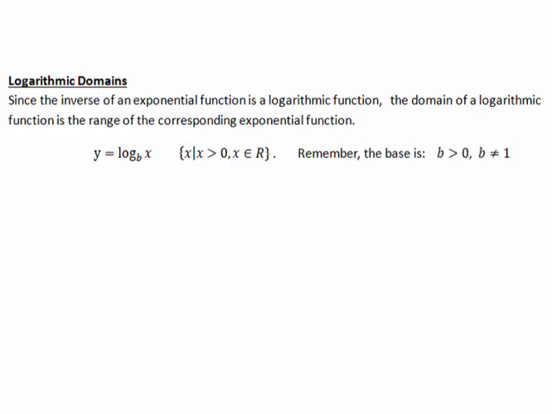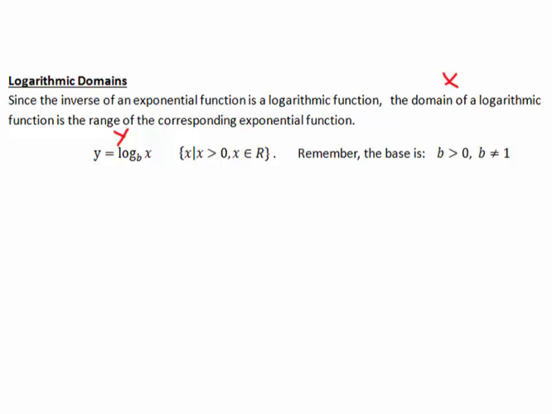And if we think about this, it's pretty straightforward. Domain is the x values, and the x values in the logarithm correspond to the y values in the exponential. They just inverse, switch those around.